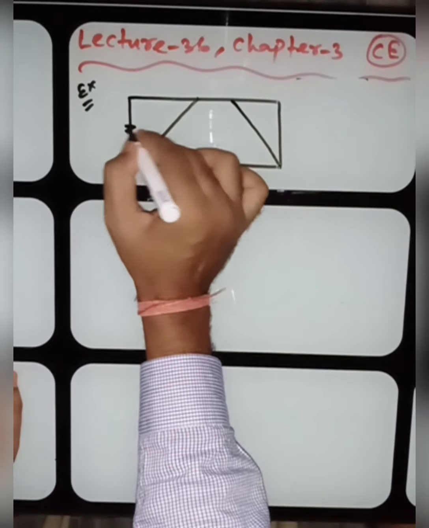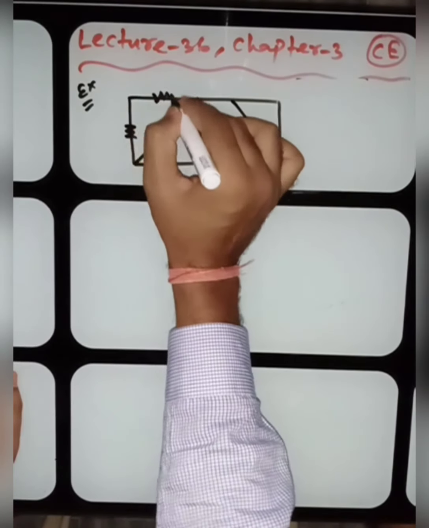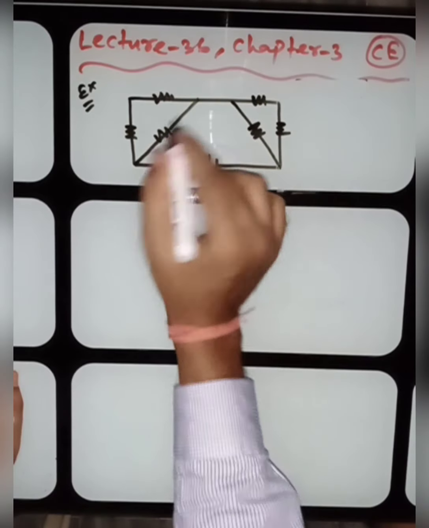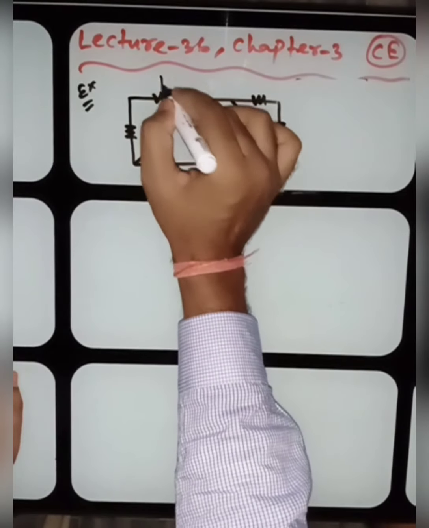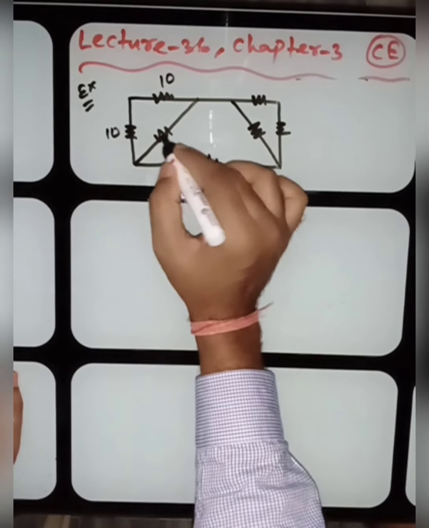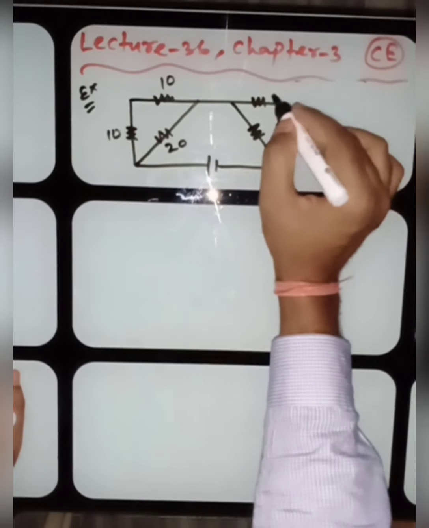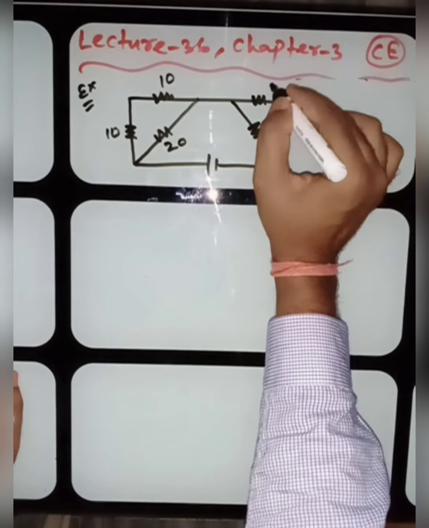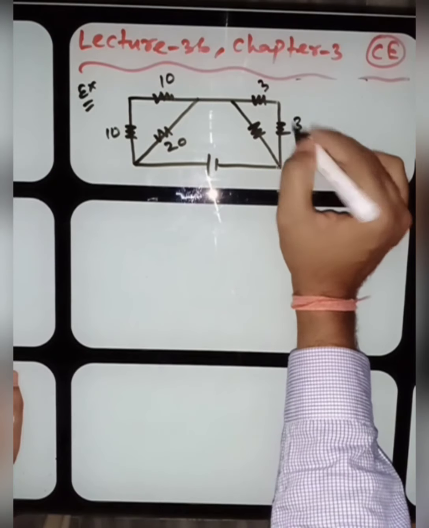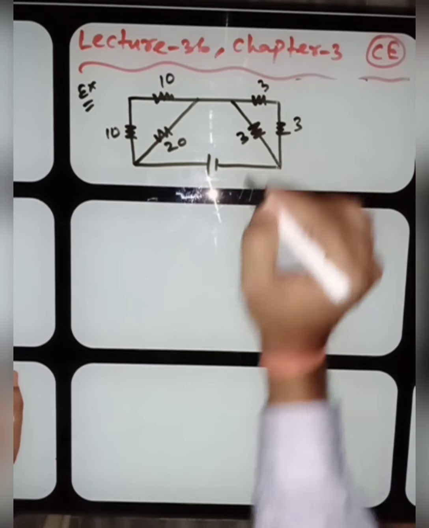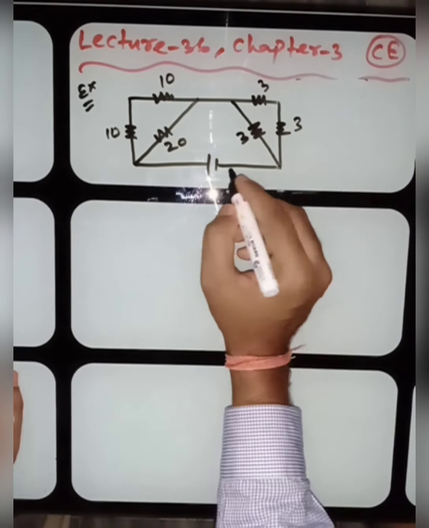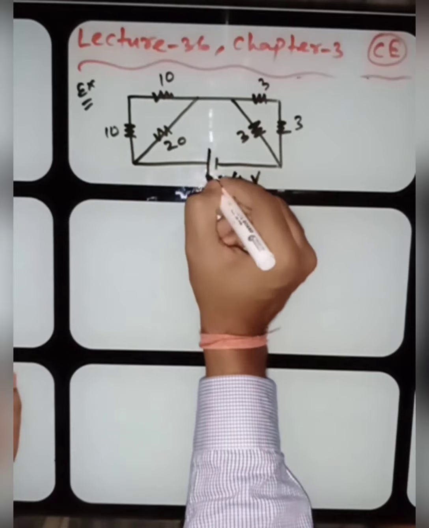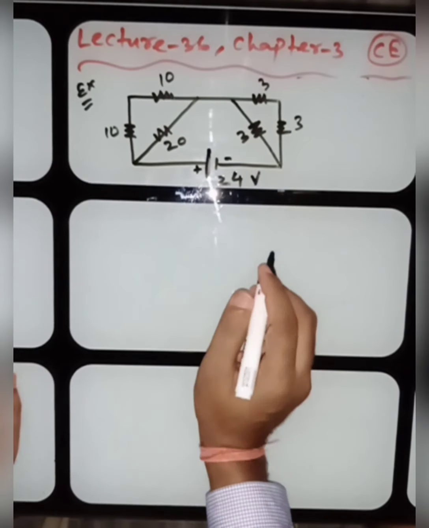Now I'm just designing with the resistances. Suppose here the 10, 20, suppose it is 3, 6, 3, and 24 volt. This is the battery, plus and minus.